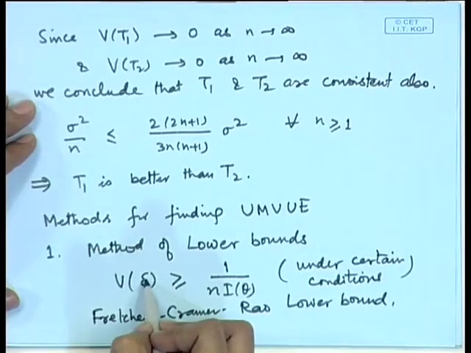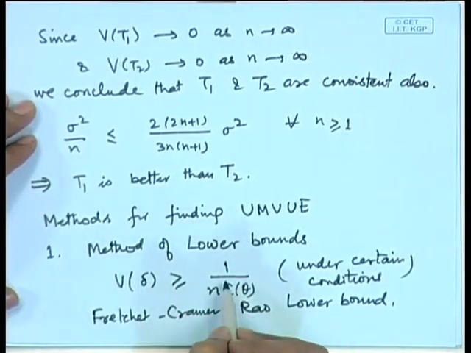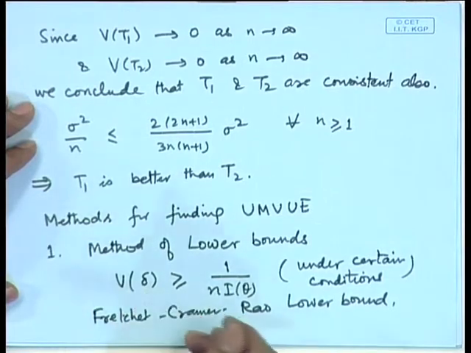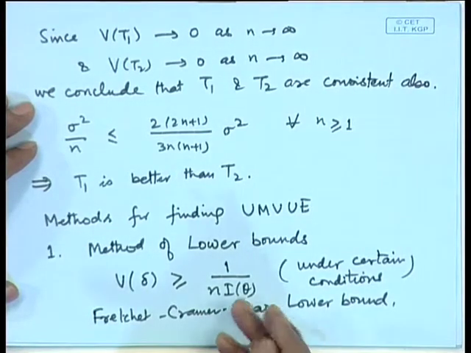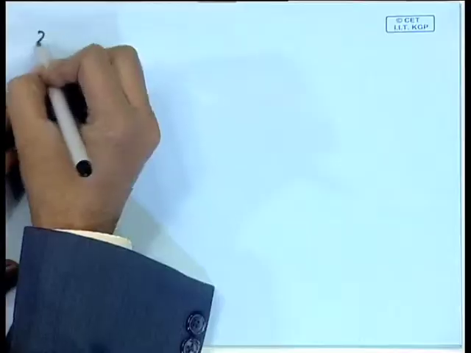So, if there is an estimator which will have this variance equal to this, that will naturally be the minimum variance unbiased estimator. Later on, generalizations of this Frechet-Cramer-Rao bound have been done, and we have bounds for multi-parameter situations, where we can use higher order derivatives, etcetera. But for application of these lower bounds, certain conditions need to be satisfied and the bounds may not always be attained.